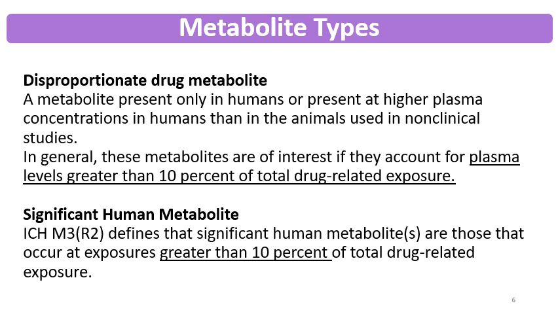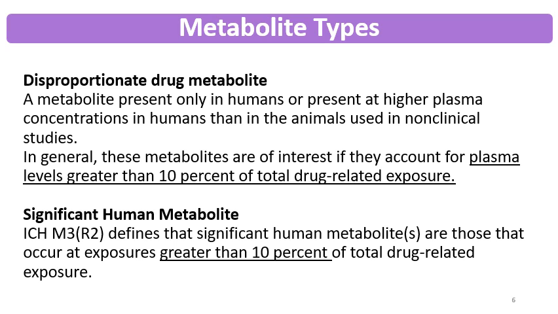Now the metabolite types. What are the types of the metabolite? A disproportionate drug metabolite is a metabolite present only in humans or present at a higher plasma concentration in humans than in the animals used in the non-clinical studies. So there is always a comparison between the presence of the metabolite in the animal species and in human beings.